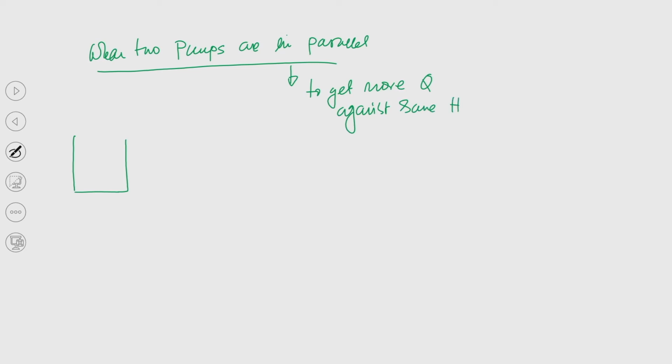If that is the objective, you can understand what will happen, say there will be a common header.